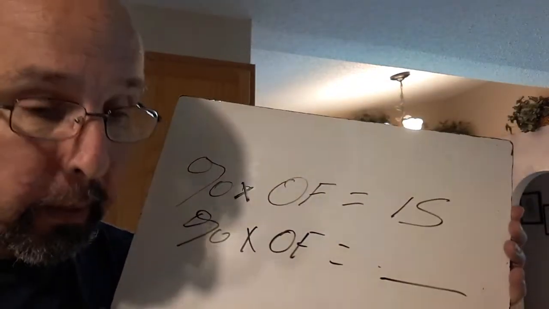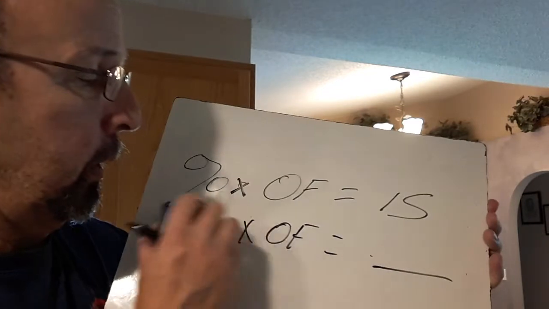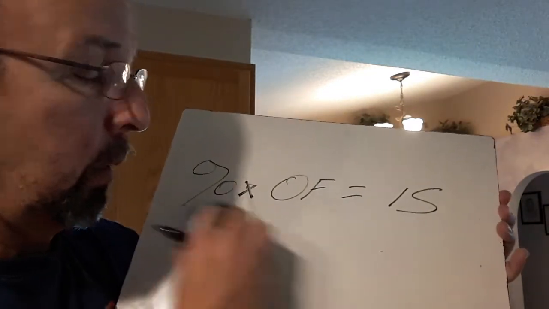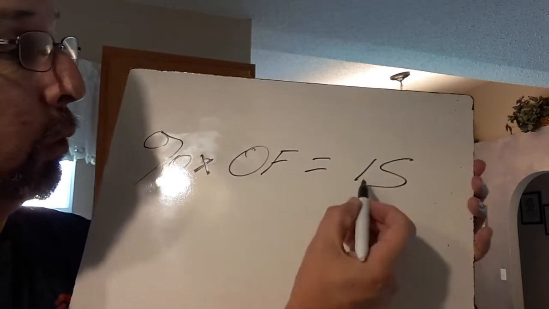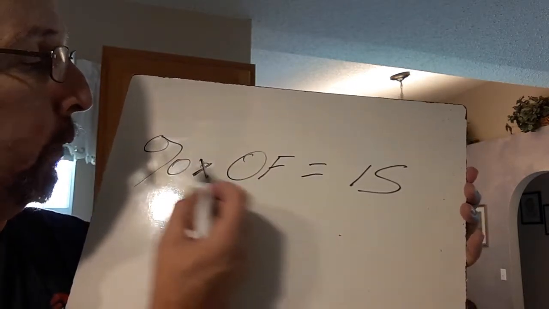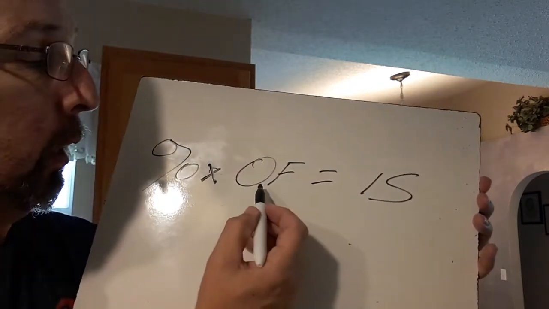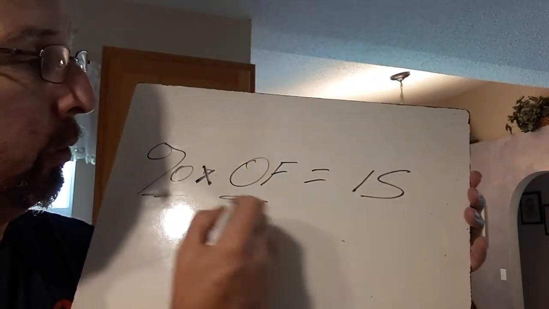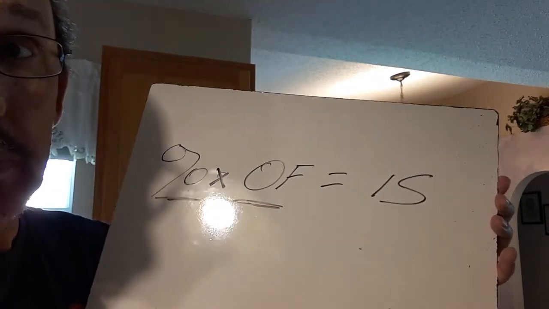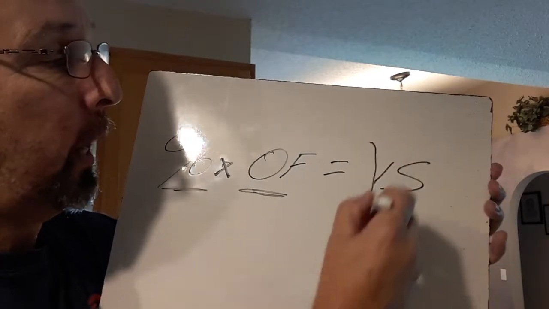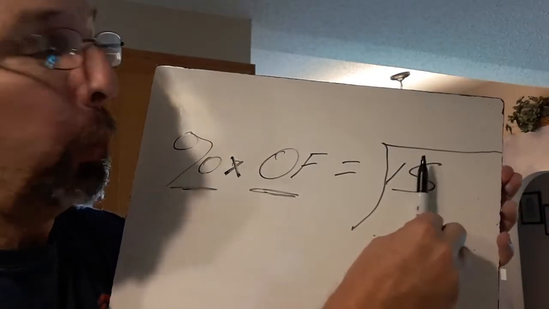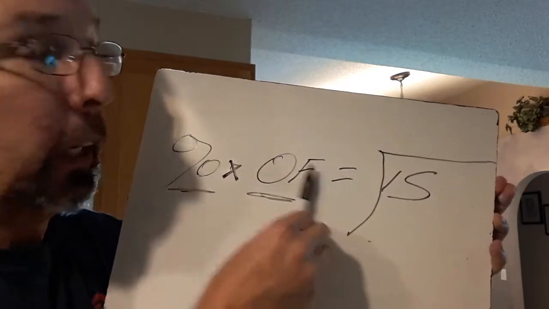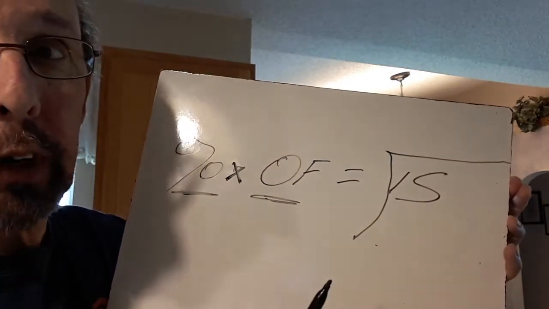Now, if you're looking for one of these that's missing, if you're missing the percent or the of, it's a division problem. You always divide into the is. The is is always your dividend, and the other number is always your divisor.